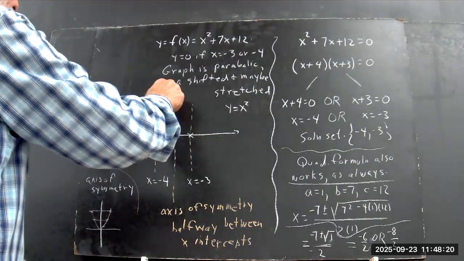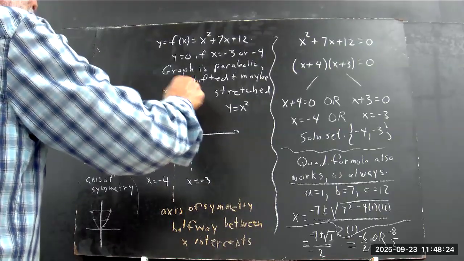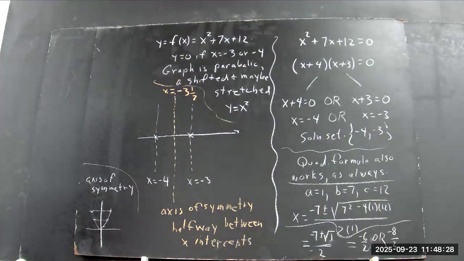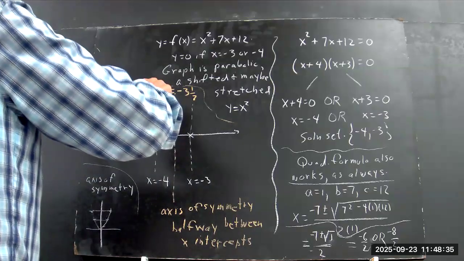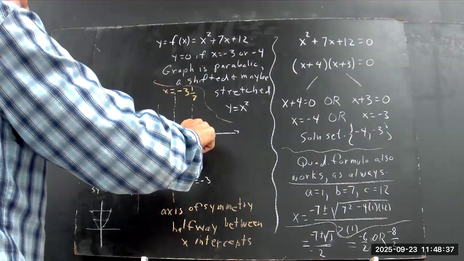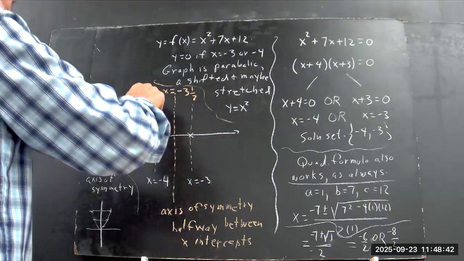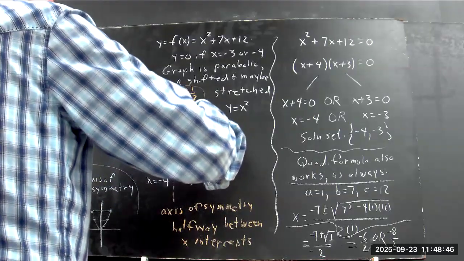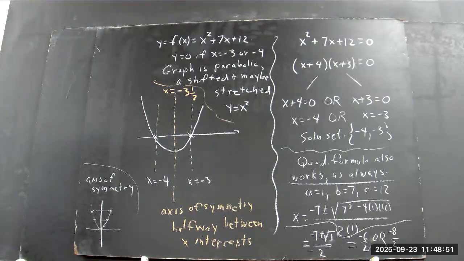So this line has to be x equals -3.5. That means that the graph is a parabola that goes through these points and has a vertex. The low point is on the axis of symmetry. So maybe the graph looks like this.